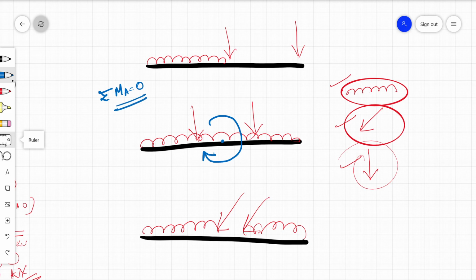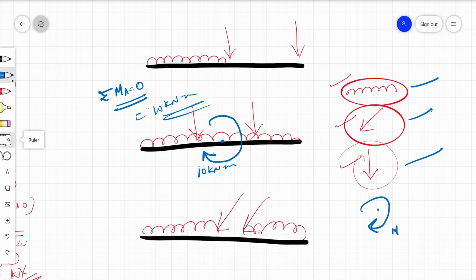There we use that term, where if the clockwise moment is given as 10 kilonewton per meter, we use 10 kilonewton per meter directly. So they either play with these three major loads itself, and if by mistake, out of luck, they might ask the moment also.